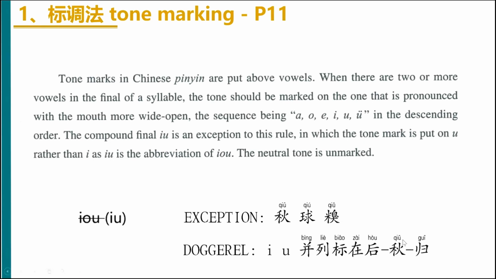For example, 秋 is q-i-u, right? u is behind, so the tone is marked on the head of u. 龟 is g-u-i. u comes first and i is the one behind. So the tone is marked on the head of i.